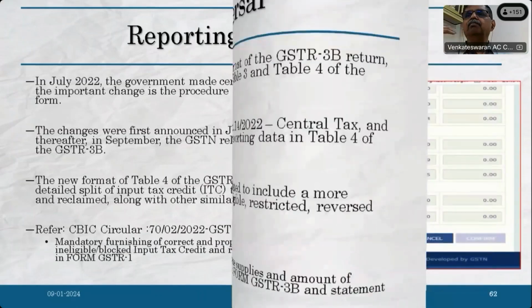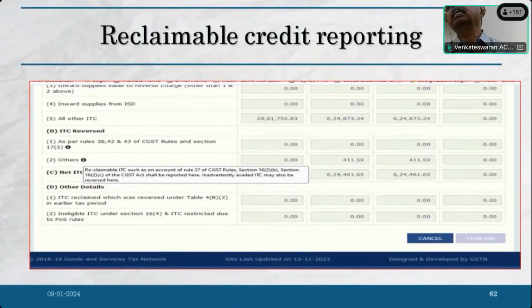Then after that, you have to state reversal required as per the provisions of Section 17(5) blocked credit, and Rules 42 and 43. That is credit you permanently do not require, and you have to declare it. Then you have to declare the goods which are in transit, or where I have not paid the proceeds within 180 days, or where my buyer has filed GSTR-1 but not filed 3B.